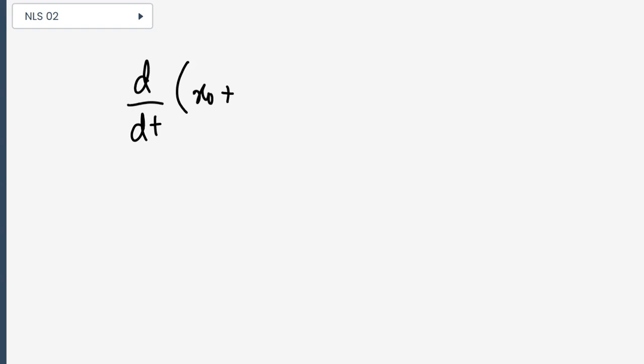So this is x dot, but we have put x equal to x naught plus delta x(t). So x dot will simply be equal to x naught dot plus delta x dot of t.